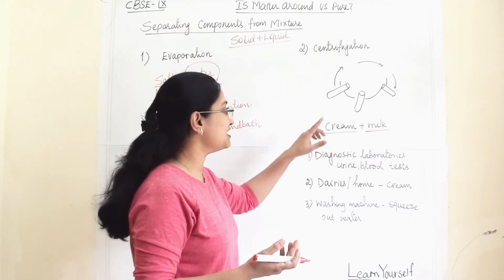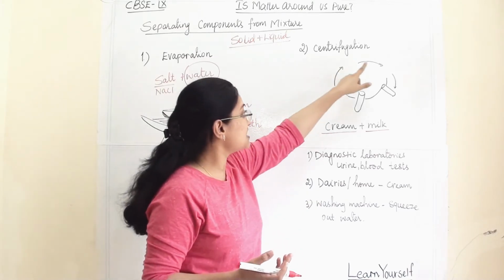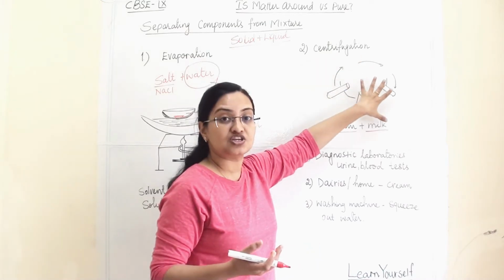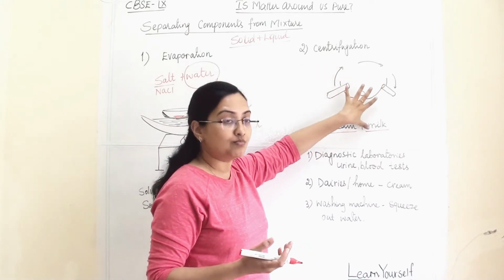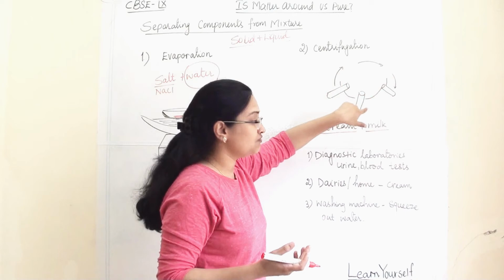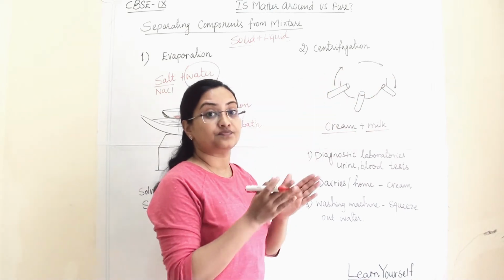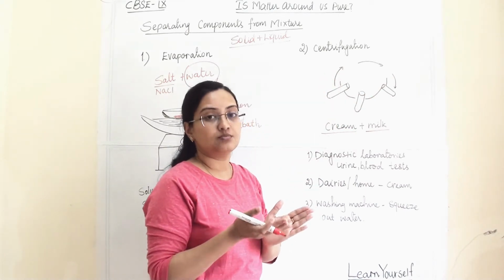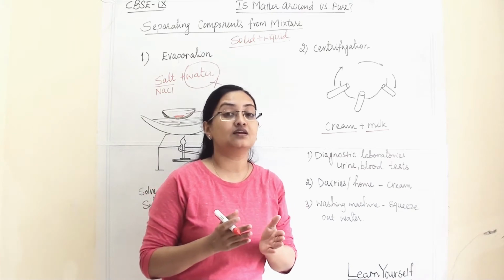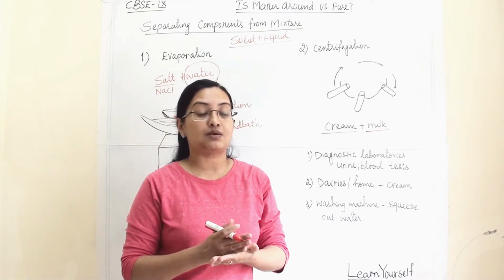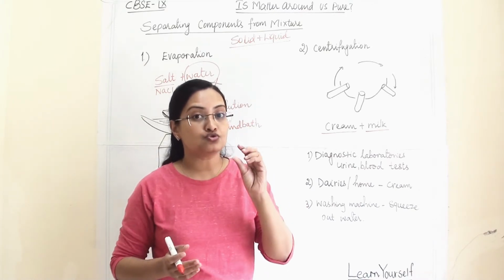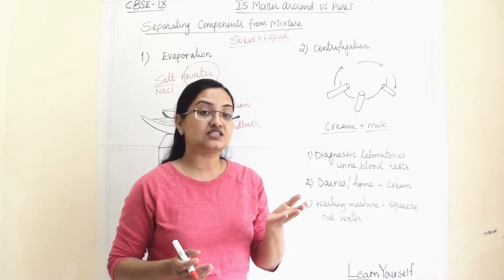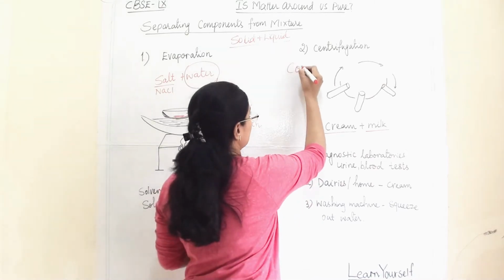The same thing we are applying here. This is how our centrifugal machine looks. In the laboratory, we use this machine to separate solute and solvent. Some solutions are such that we cannot separate them through filtration. Those solute components are colloids, which we have already studied.